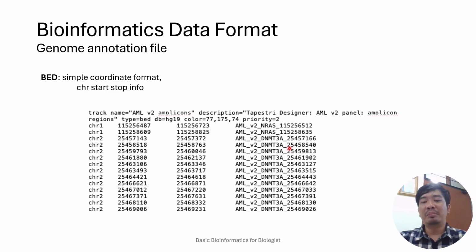You can put maybe this SSR marker, for example. When you want to store the information, I found the polymorphic SSR marker on chromosome 1, and then which coordinate. Bioinformaticians do not store the information in Microsoft Excel, but they store information in this file. Basically a text file. You can open it in Notepad or something like that.